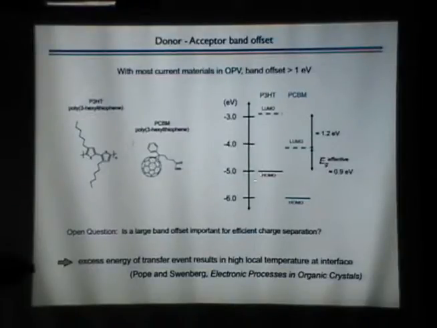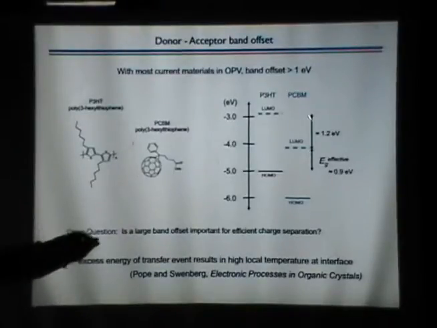We started with an exciton that had roughly 2 electron volts, or about 1.9 electron volts in energy. And we already lose over 1 electron volt. So that's all energy loss, which is a bad thing. So something I'll talk about a little bit more tomorrow is how we can tune this band offset, try to minimize that, and get higher voltage out of the device and not lose so much energy.